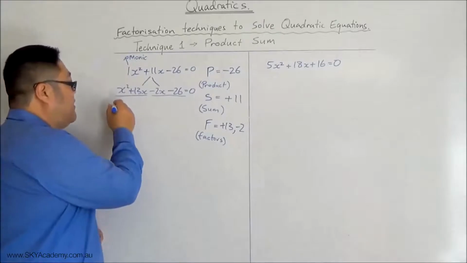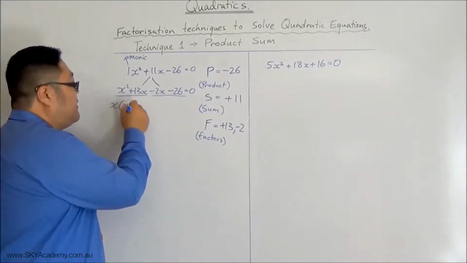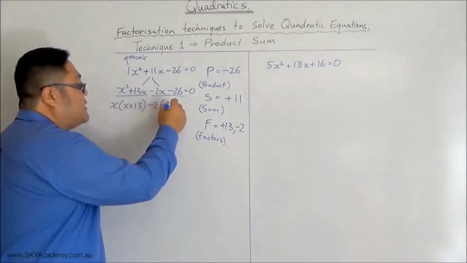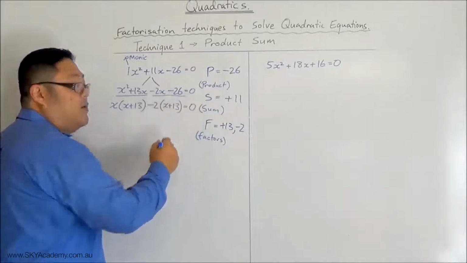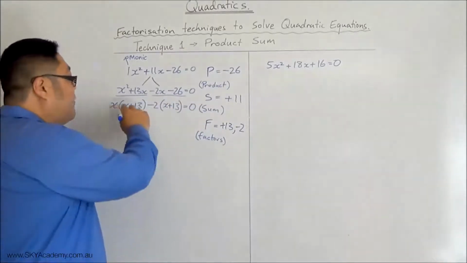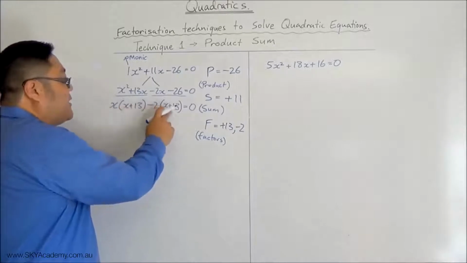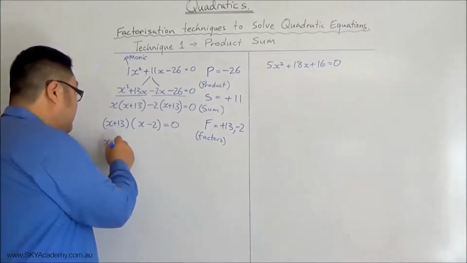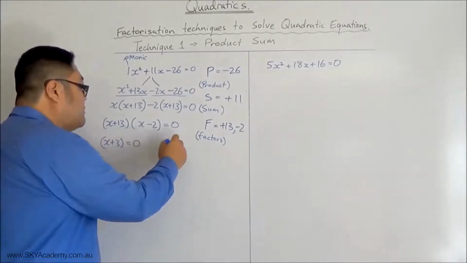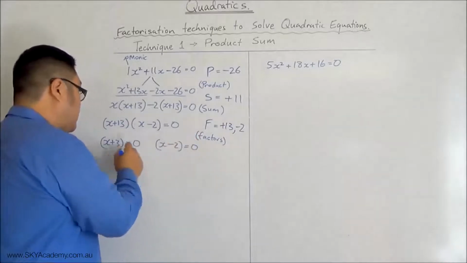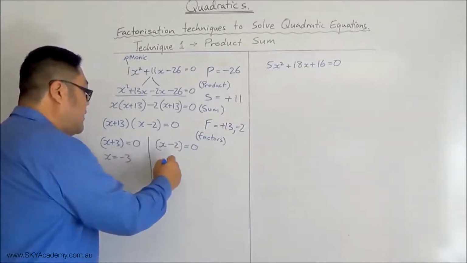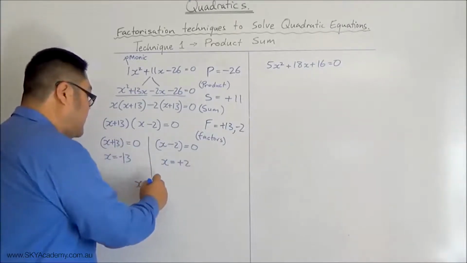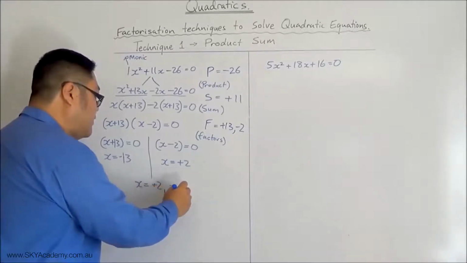That leaves us with x outside of x plus 13, minus 2 outside of x plus 13, equals 0. After we factorize the x plus 13 out, we get x plus 13 and x minus 2 equals 0. So x equals negative 13 and x equals positive 2.